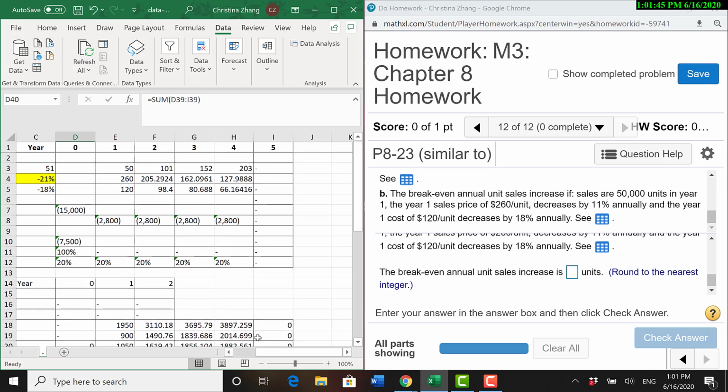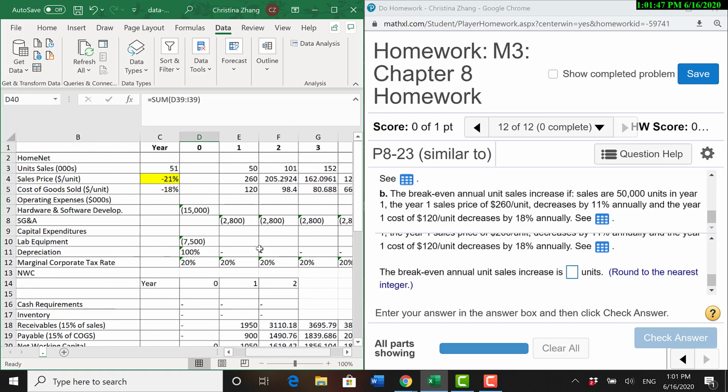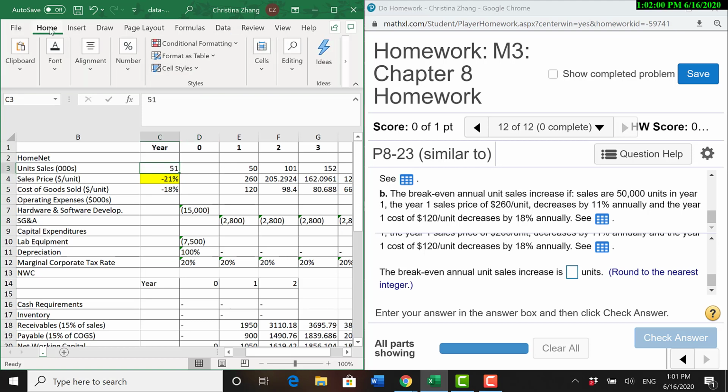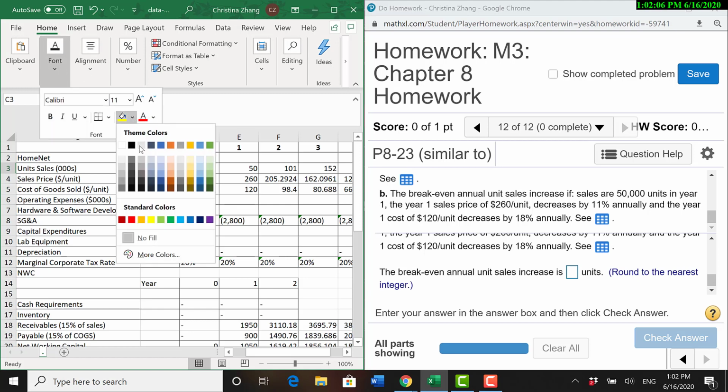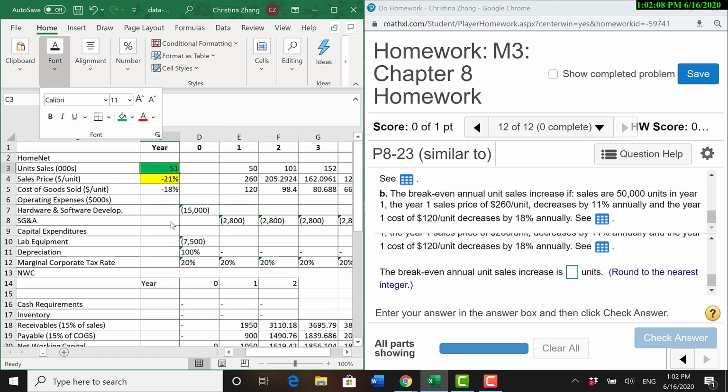B is asking you to figure out the break-even annual unit sale, right? So what happens is I'm going to keep the same spreadsheet. I'm just going to change the information. So my sales is still 50 units in year 1. And then all I need to make sure to change is my unit sale, which in this case, let me just highlight it in green.